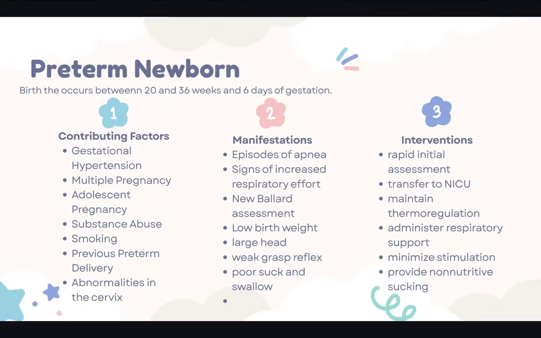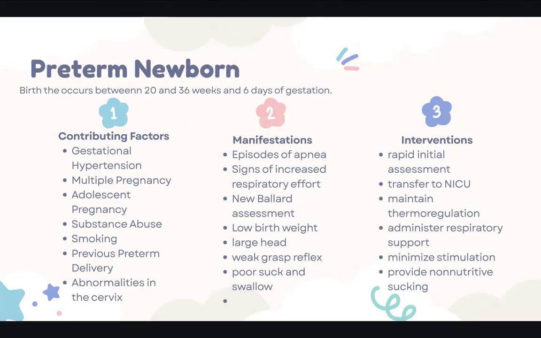Manifestations could include apnea, an increase in respiratory effort, low birth weight. They can have a poor suck and swallow. They may be extra wrinkly, not have enough hair, or can have a very, very large head, and then weak grasps as well.